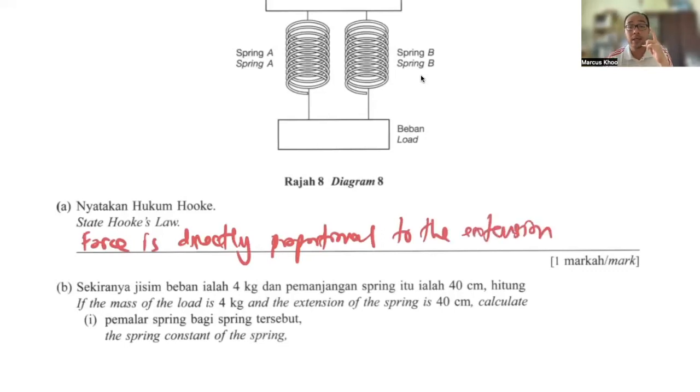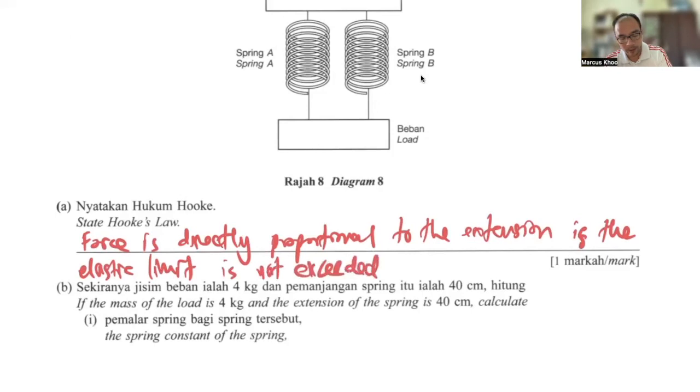But there is a syarat, there's a condition for this: if the elastic limit is not exceeded. As long as the spring or the wire or any material that is being applied the force, the extension will be directly proportional to force, but the elastic limit cannot be exceeded.